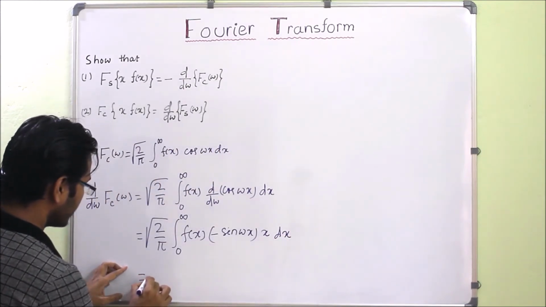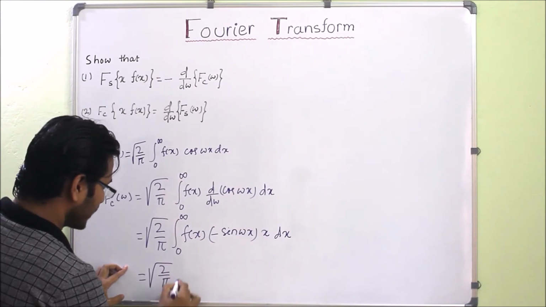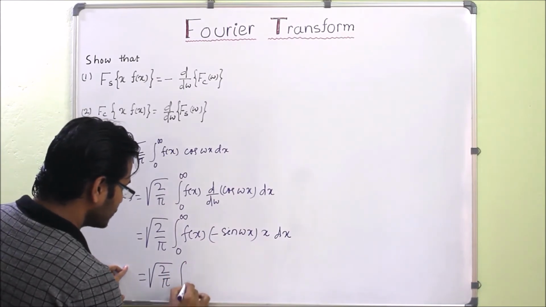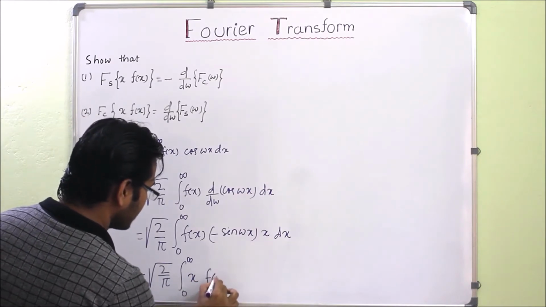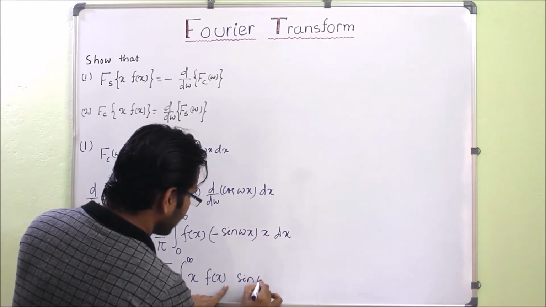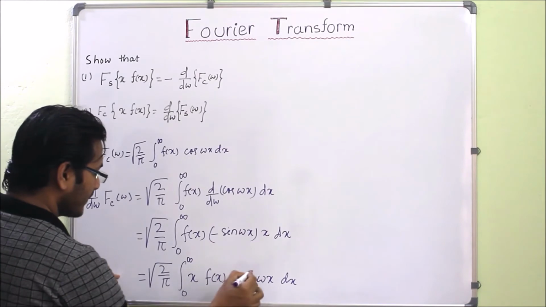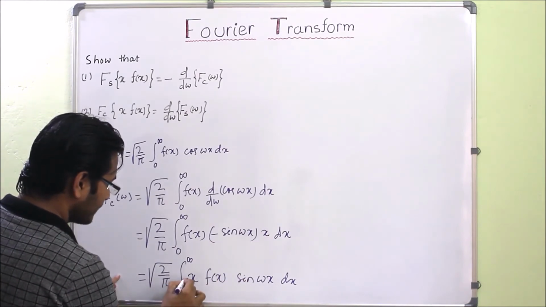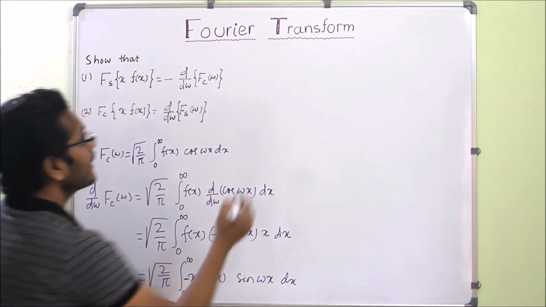So now we can write it again as square root of 2 by pi times the integration from 0 to infinity of x f of x sin wx dx, and the minus sign we will write here.